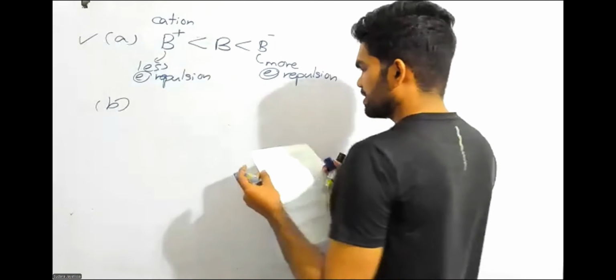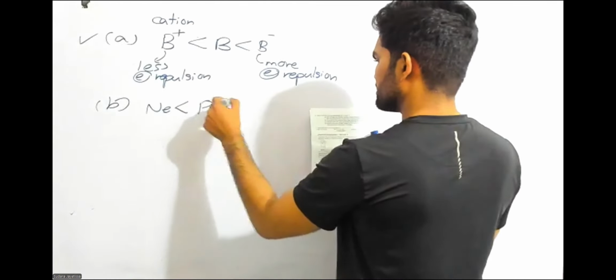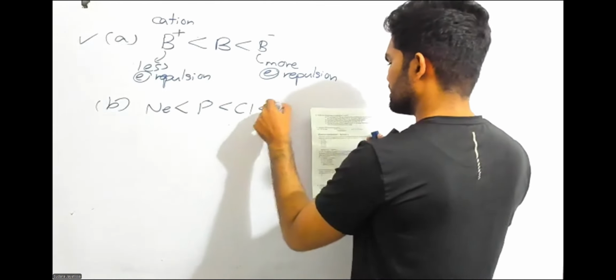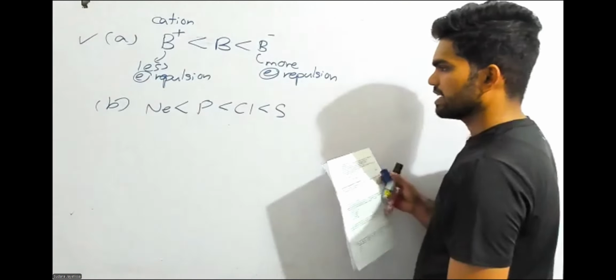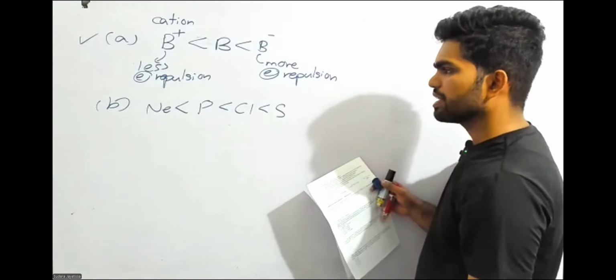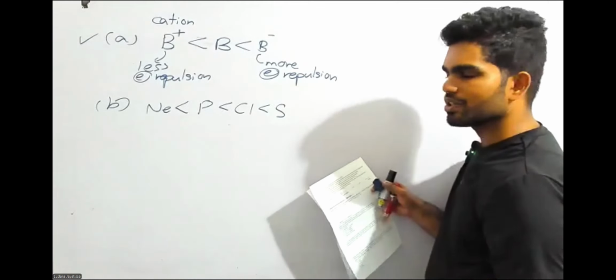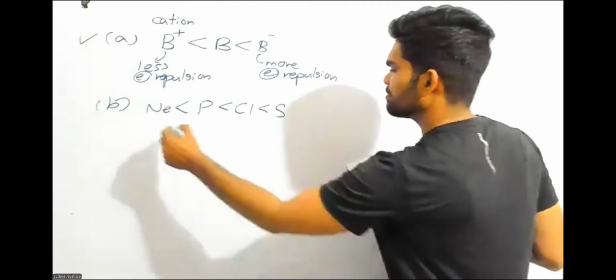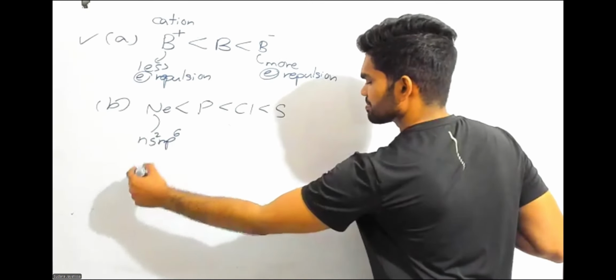the electron affinity: neon, phosphorus, chlorine, and sulfur. Okay, electron affinity is lower for neon. The affinity is low because they already have a stable configuration, ns2 np6.